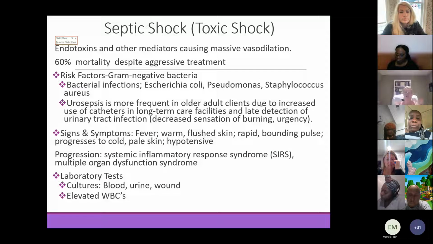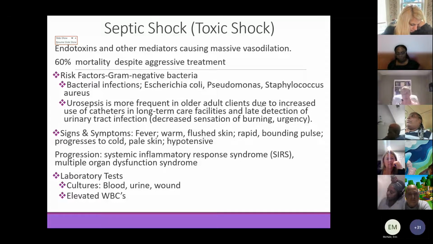For a number of reasons: they are holding onto their urine, they can't concentrate their urine as much, they still retain some, maybe because they've had a catheter, or they have a UTI that isn't noticeable at first. And that's the thing about older adults, usually they don't present with the burning and frequency that normal people do. So it progresses and we don't really notice it until they become septic.